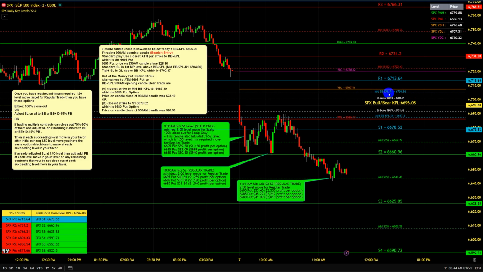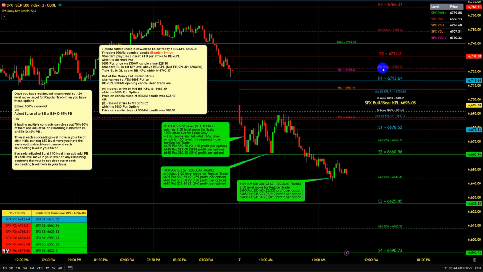Okay, so going back to these midpoint levels. As you can see here, the midpoint levels are simply the mid-level points between main levels, such as mid R2, R3 between R2 and R3, mid R1, R2 between R1 and R2, mid S1, S2 between S1 and S2, mid BBKPL S1 between the BBKPL and S1, mid BBKPL R1 between R1 and the BBKPL.